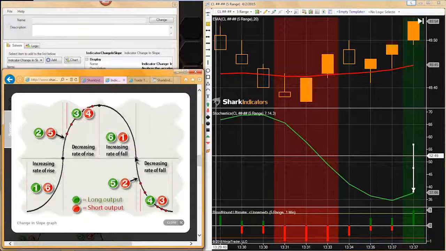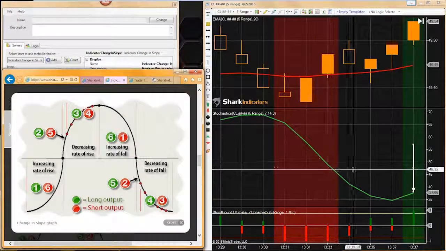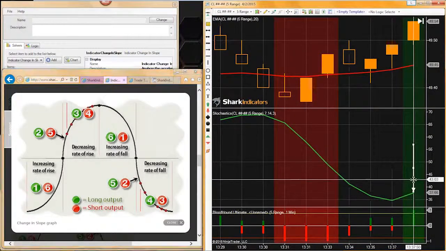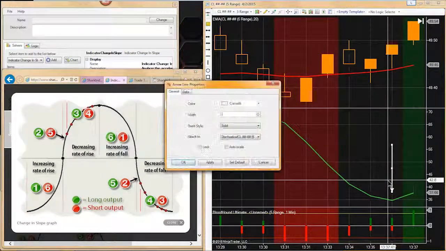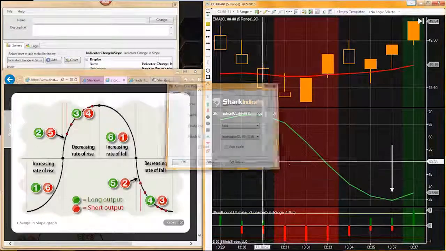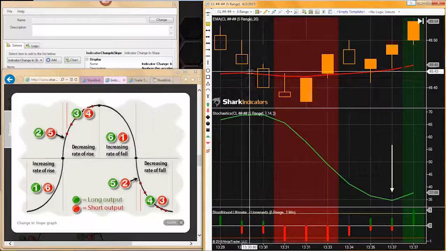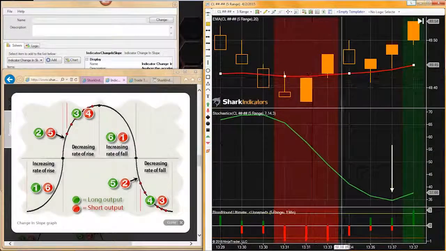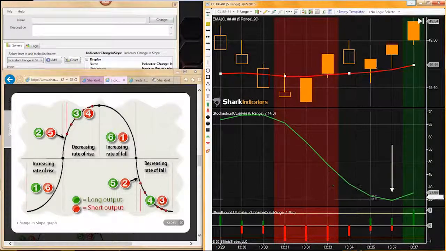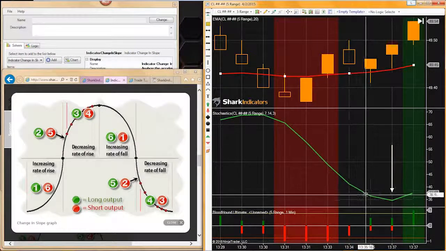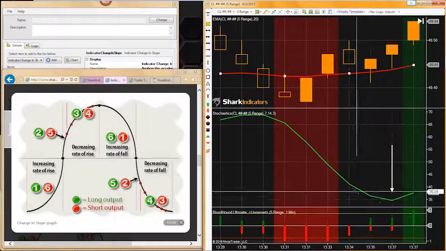Some of you may have trade rules where you are looking at the stochastics, or something like the stochastics. Maybe you're looking at the momentum indicator, or maybe even moving averages, and you're interested in when your indicator is potentially starting to roll over.